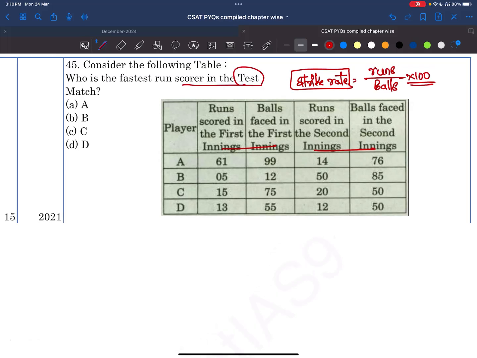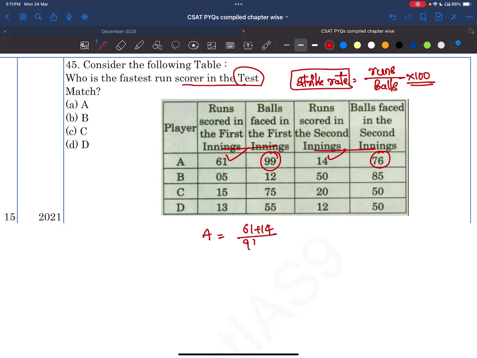We'll do one thing. We'll just calculate for the entire test. That means runs scored in the number of balls. Okay. That would be better. He's asking for the entire test, right? Or else we need to take first innings and second innings values, and take the average of both. Instead of doing all this, we'll just calculate it for the entire test. Okay. What are the total runs? 61 plus 14, right?